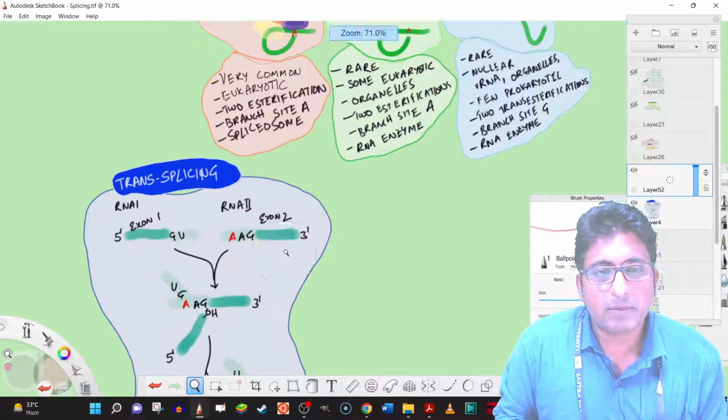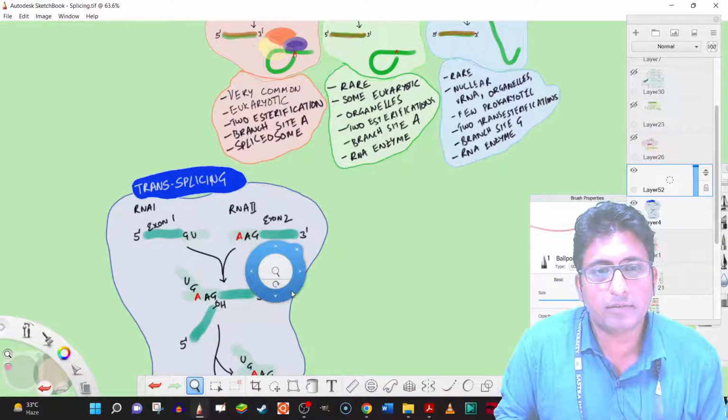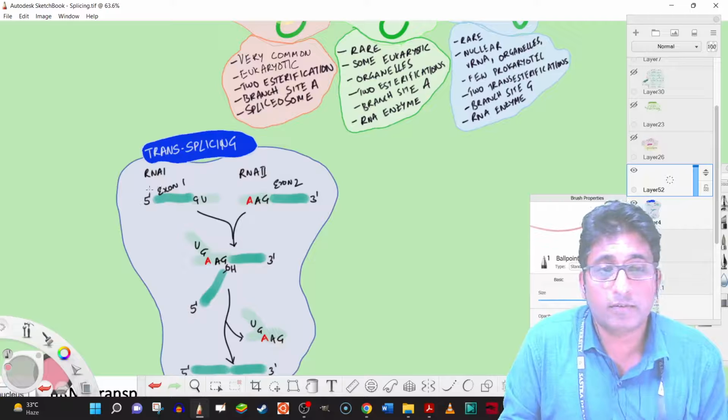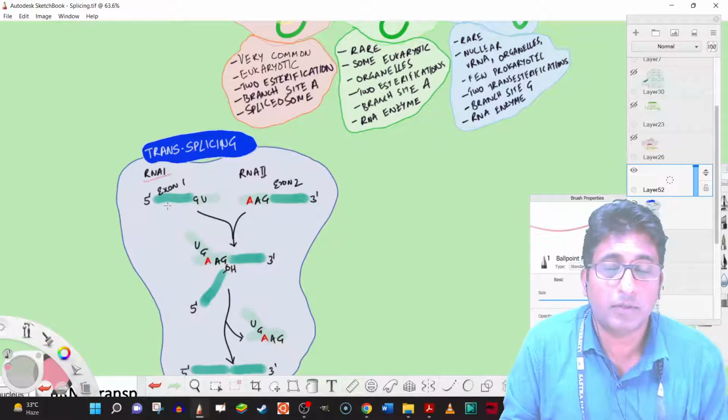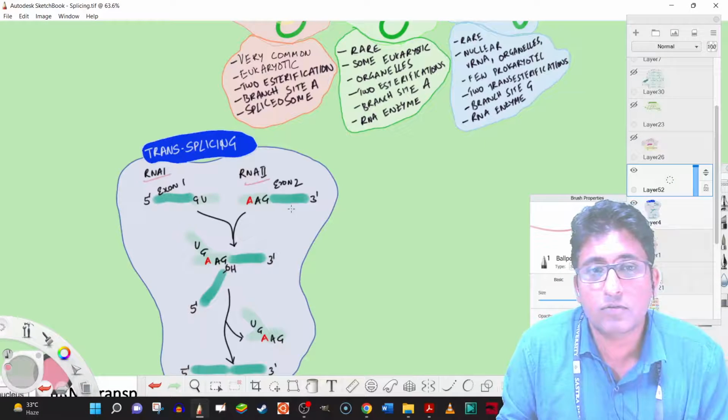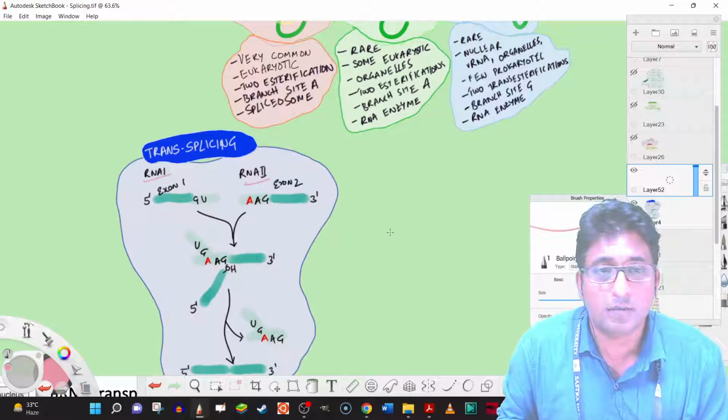Say, for example, here we have one RNA molecule that has been produced from one gene, and you can also have RNA2 from a different gene.